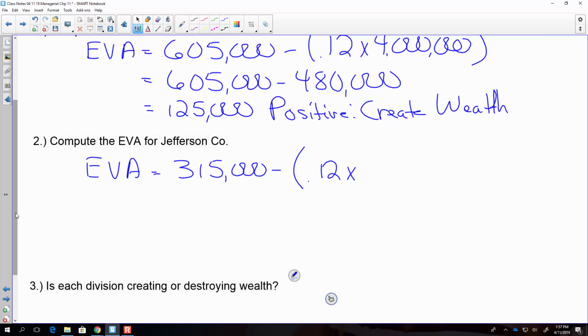The capital employed by Jefferson was $3.25 million, and on this one I'm going to need some help. Let me know, guys, what you came up with. 3,250,000, I had my commas in the wrong spot.